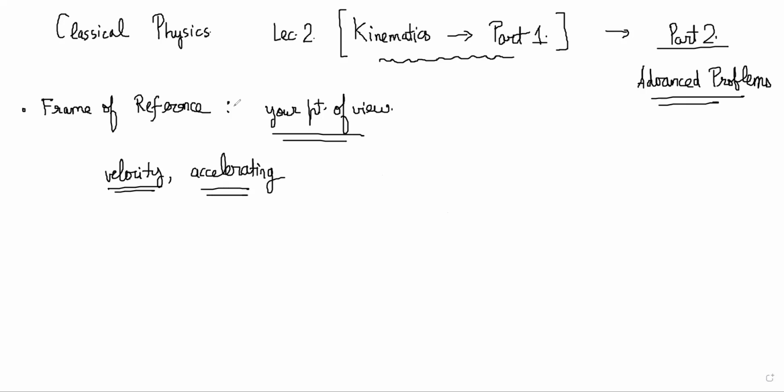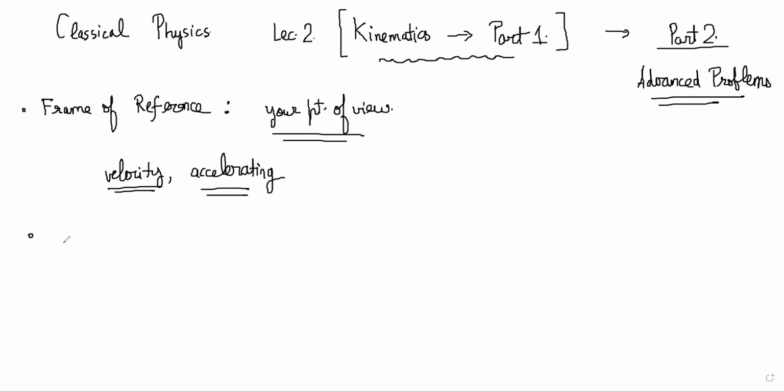So always keep in mind that this frame of reference means what is the observer's point of view and who is the observer. So before solving any question, you need to specify who the observer is and what he sees as the values of these quantities. Obviously, some quantities are not frame dependent, some quantities are frame dependent. So as we go further in our study of physics, we'll realize which is which, right?